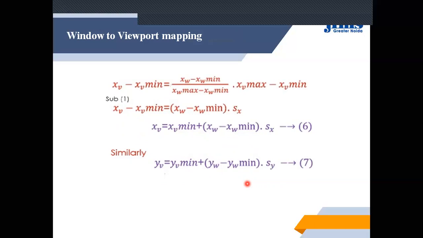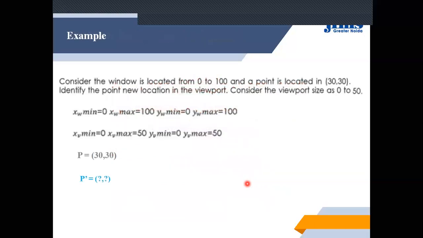But the questions may be tricky because there are different ways to find out the values of XV min, YV min, as well as in the window, that is XW max and XW min in case of x coordinate, and on y coordinate, that is YV min and YV max, as well as YW min and YW max. So by using any method, we have to find out these values.